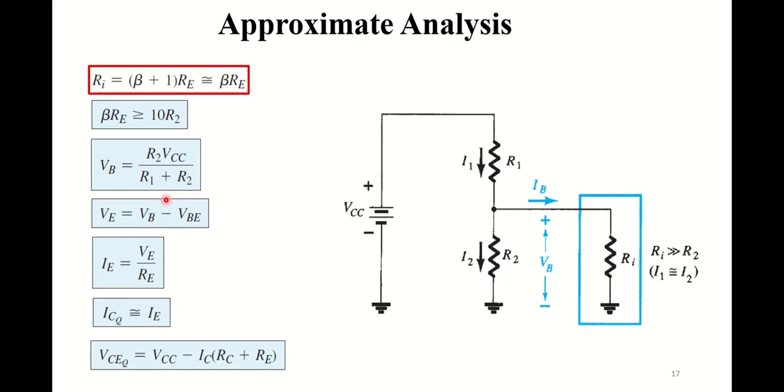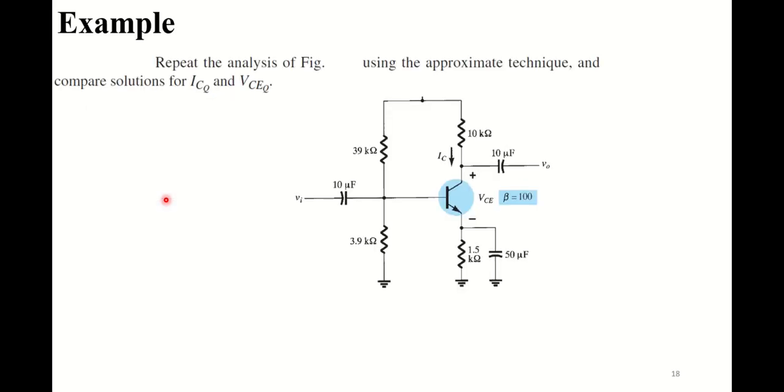Now let us solve an example of a voltage divider configuration circuit by using the approximate analysis instead of the direct method. We need to find the same two quantities, IC and VCE, as were asked in the previous example where we applied the direct method. As a first step, check the condition whether or not beta RE is greater than or equal to 10 times R2.